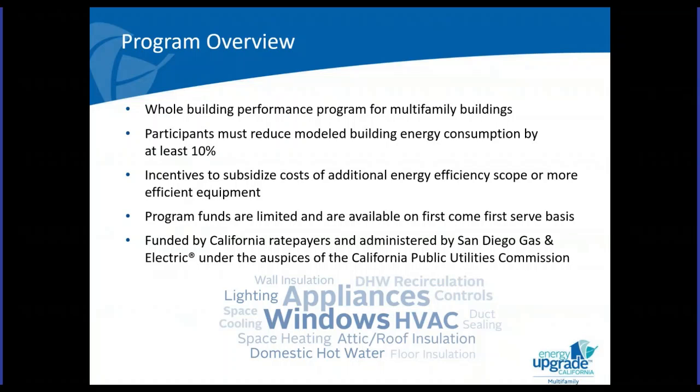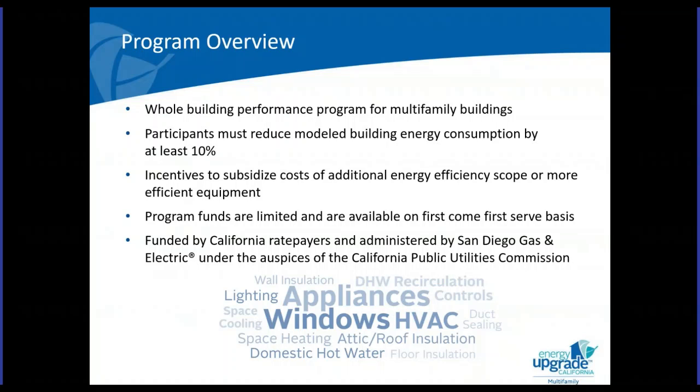That gives a little idea of the type of measures we're frequently looking at. These would be appliance replacements like refrigerators, low-flow shower heads, and faucet aerators. Some HVAC measures. The thing we see the most and is kind of a big hitter down in the San Diego region is domestic hot water improvements, either replacing old water heaters, adding controls to those water loops that are recirculating loops that are common in multifamily buildings.